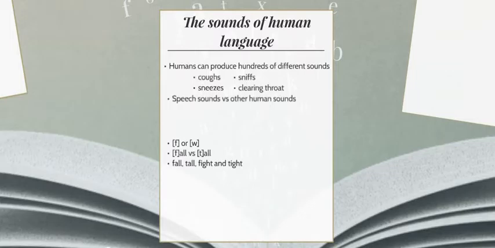For instance, if one were to cough in the middle of a sentence like, I am coming, the addressee will understand and simply ignore the cough or the clearing of throat and interpret the sentence as, I am coming. Our minds have been programmed to be able to understand and distinguish speech sounds and the other sounds that we make.